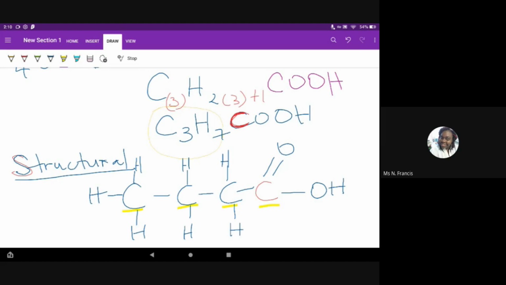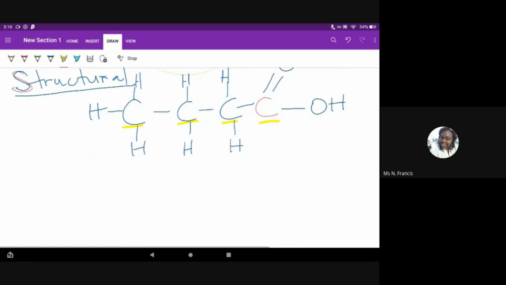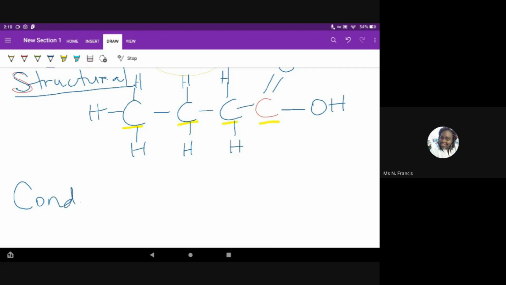And so you just need to subtract the 1 and work with 1 less with your N. So that is what butanoic acid would look like for the structure. And then lastly, we can do the condensed part. So the condensed is CH3, CH2, CH2COOH.